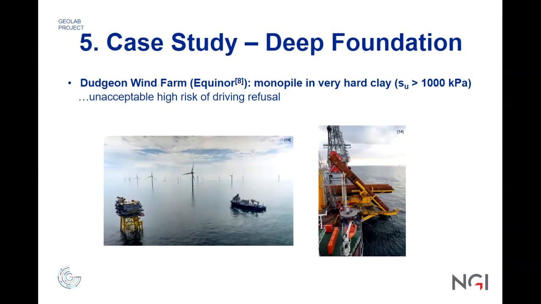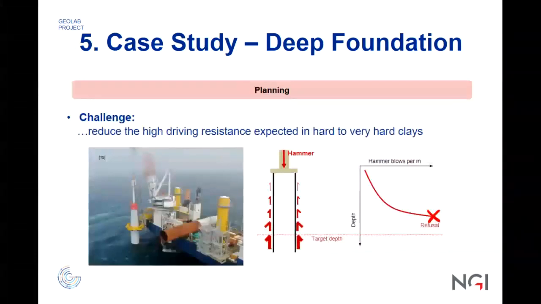That was the motivation for field scale testing. They want to find a method to reduce the high driving resistance expected in hard to very hard clays, where they try to drive the pile in, but it doesn't reach the target depth before being refused.